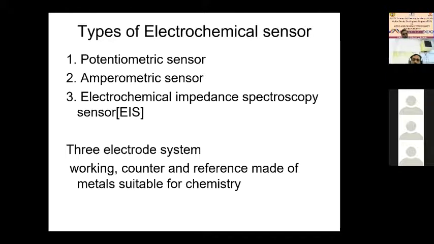The types of electrochemical sensors are potentiometric, amperometric, and impedimetric. What we worked on is electrochemical impedance spectroscopy, the electrochemical impedance sensor. So these are the three types. It uses the three electrode system: working, counter and reference. If you see this working electrode, it's a tiny dot of only around 1 mm, and on this 1 mm diameter surface we do all our chemistry.